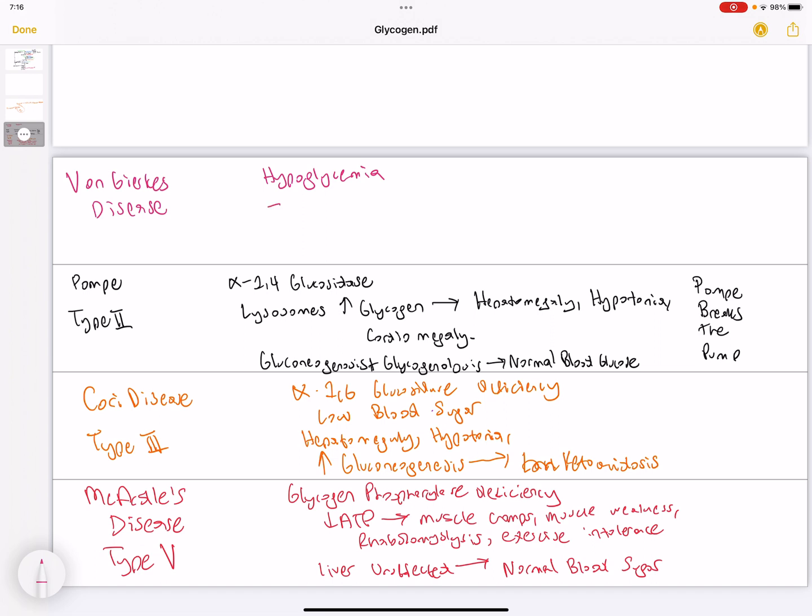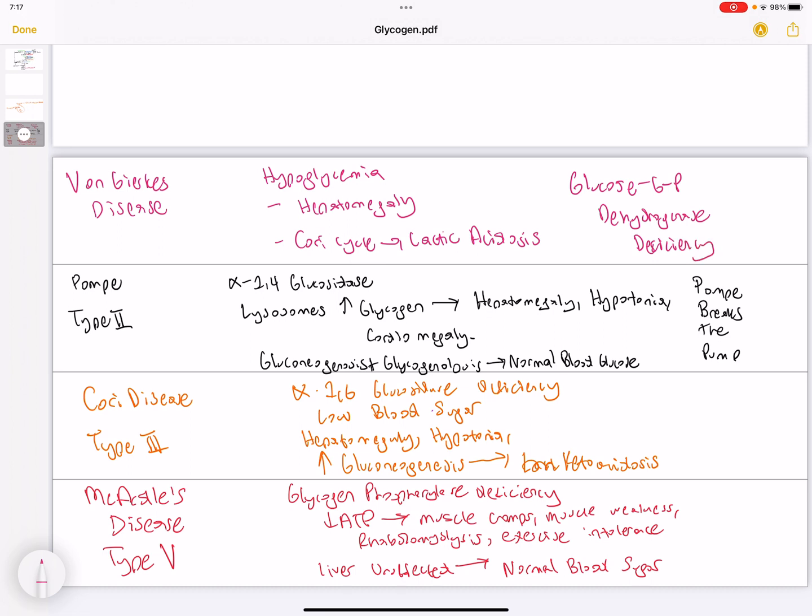The accumulation of hepatic glycogen will result in hepatomegaly. And because the Cori cycle will be defective, patients who have this might have lactic acidosis. So von Gierke disease is due to glucose 6-phosphate dehydrogenase deficiency.